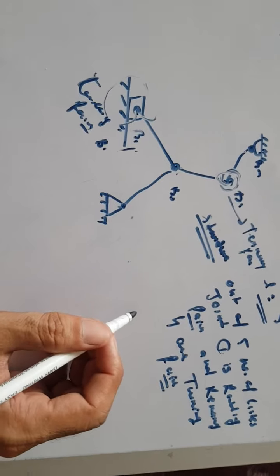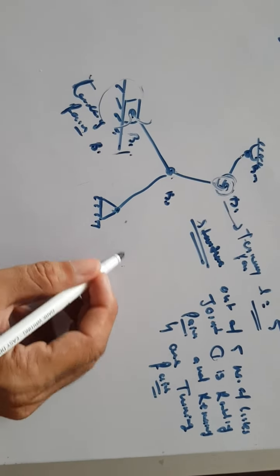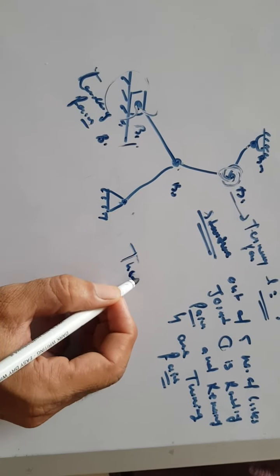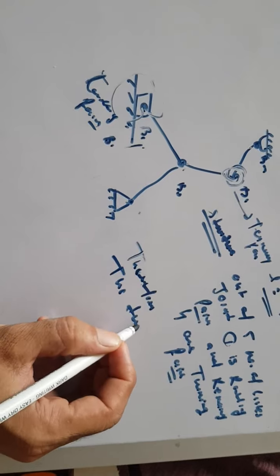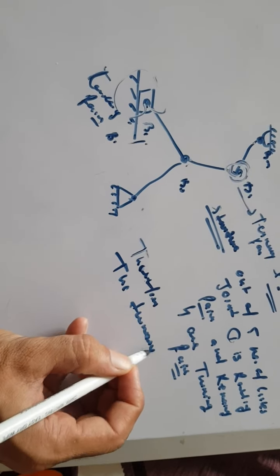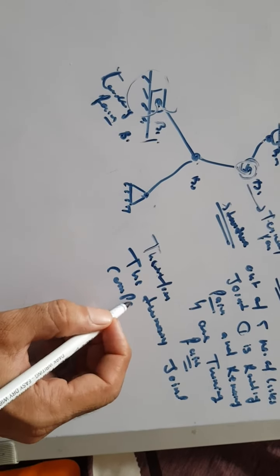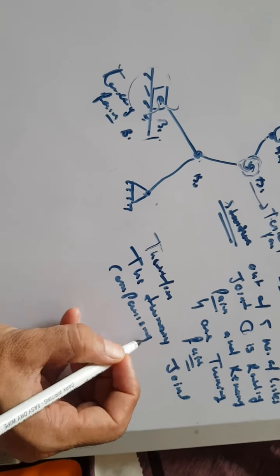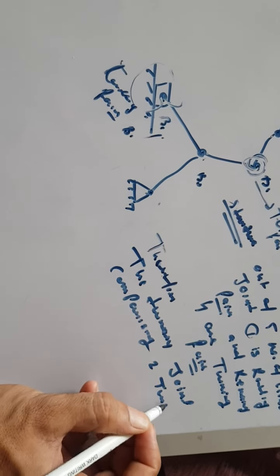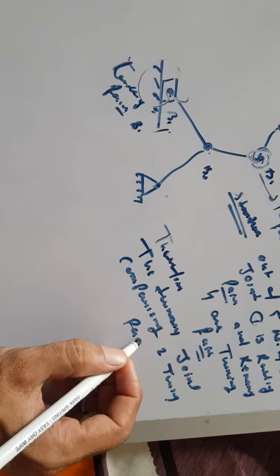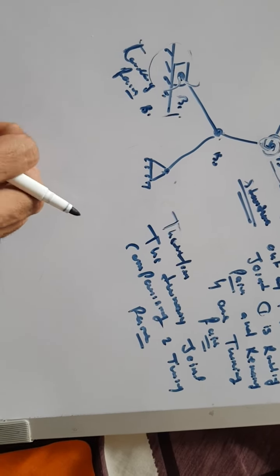And so the ternary joint is comprising two turning pairs. Ternary joint consisting of the two turning pairs.